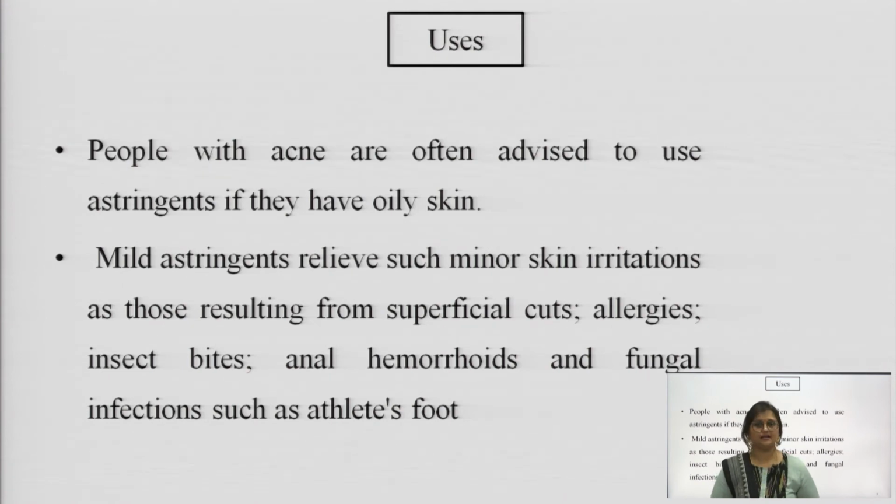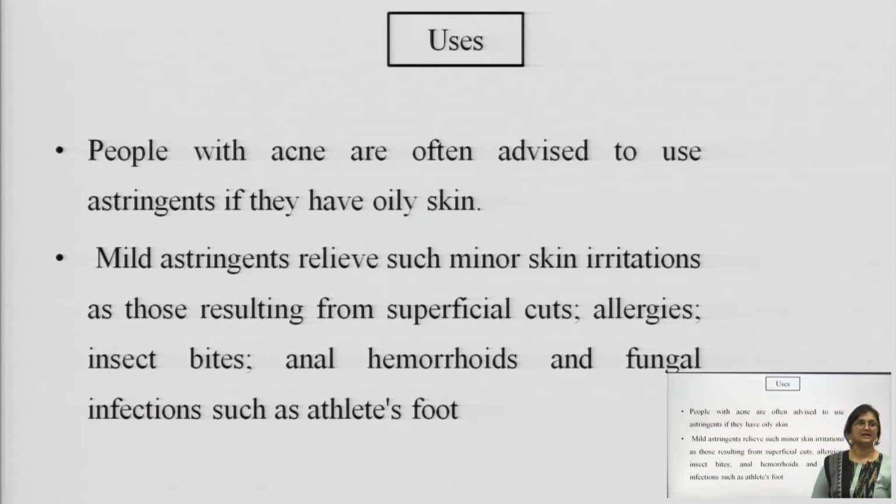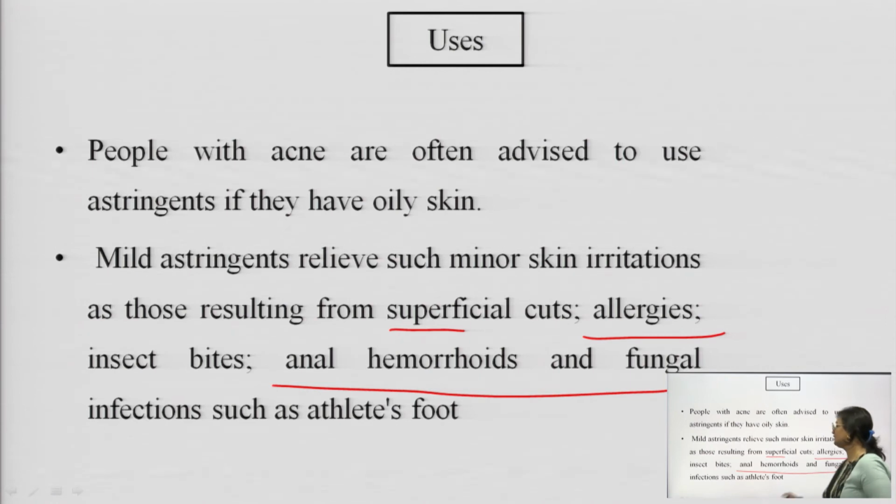People with acne are often advised to use astringents if they have oily skin. So, astringents are used for treating oily skin also. Mild astringents relieve minor skin irritations, those that result from superficial cuts, allergies, insect bites and hemorrhoids. So, these are the other uses of astringents.